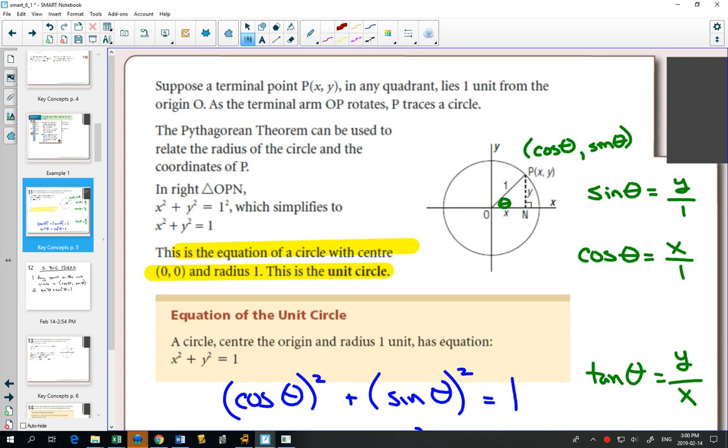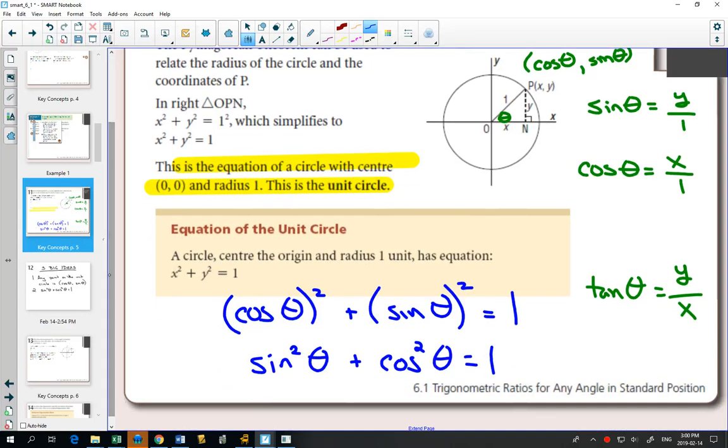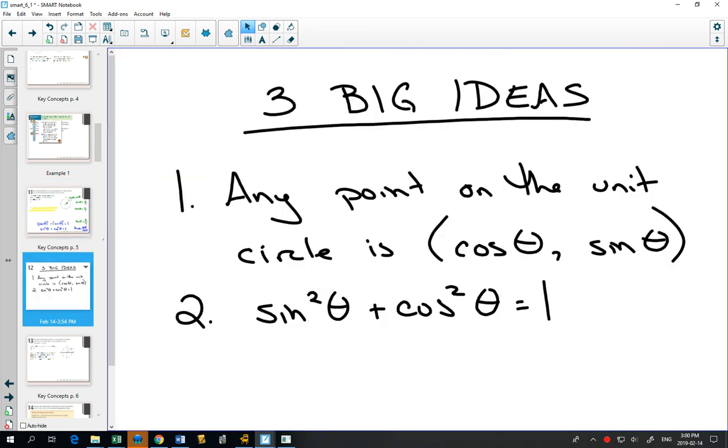Right? That doesn't seem too crazy. But if I think that y is the same as sine and x is the same as cos, that means that tan is always equal to sine divided by cos. And that is big idea number 3.